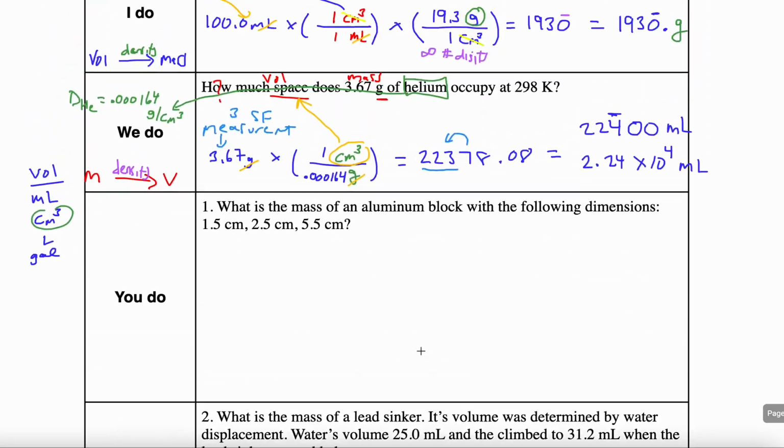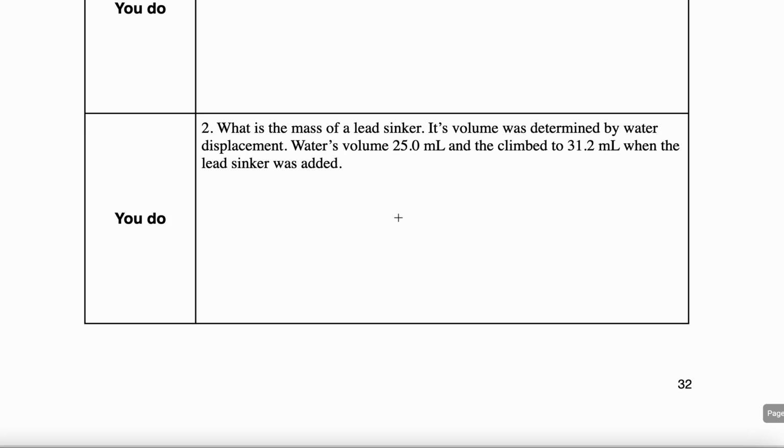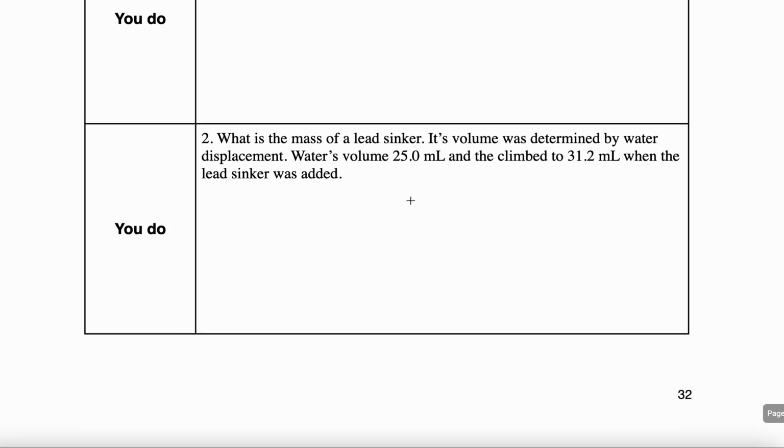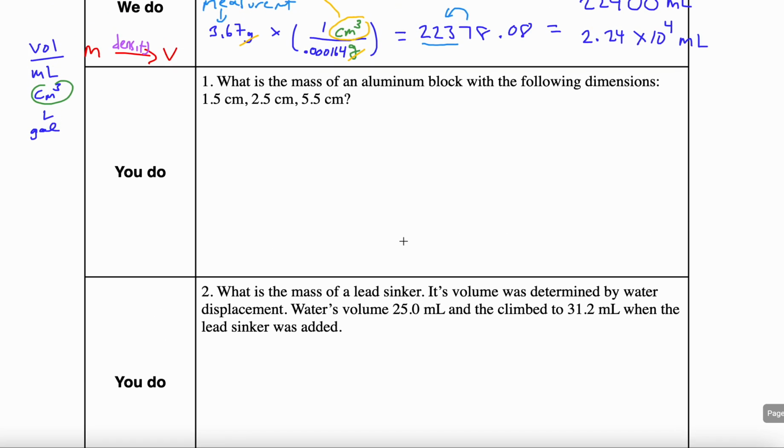Now, you have 2 you-dos to do at the bottom of this page. Let's see if I can get these to show up. And these are both 2 steps. So you have a step A and a step B in both of these. So step A, you need to use the information that is given, and you need to show your correct numerical setup of how you determine the volume based on the data that is provided.